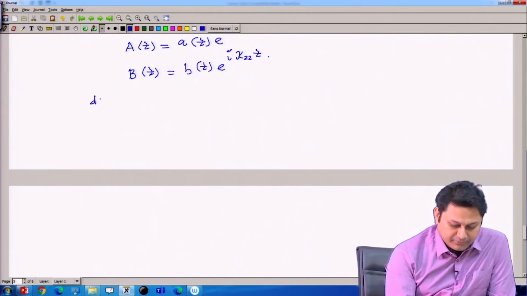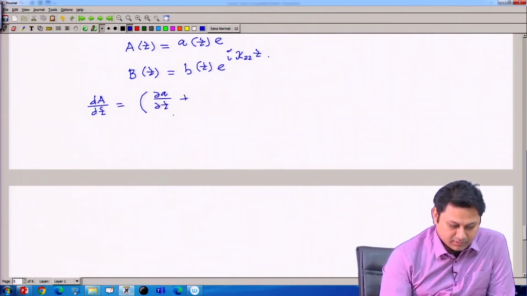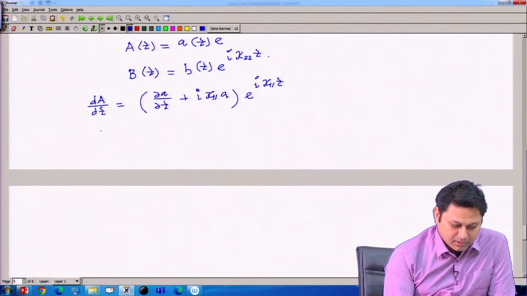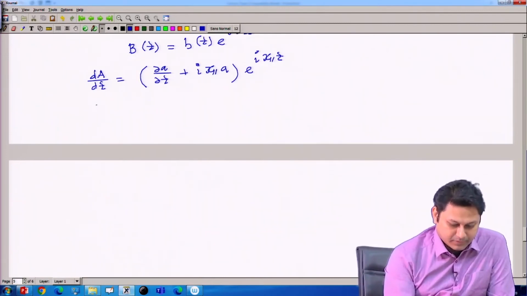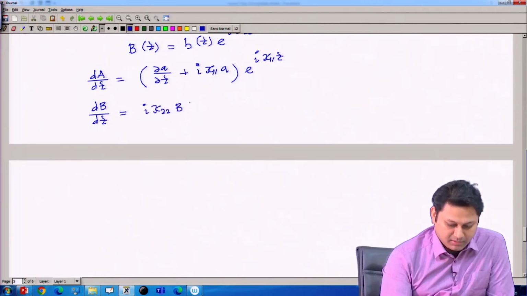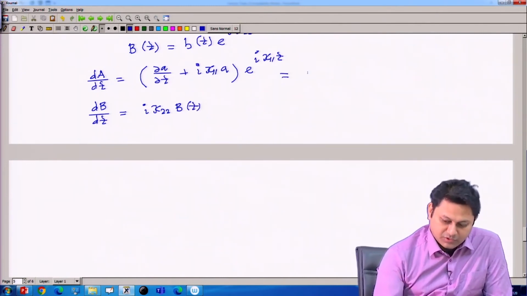So, here I can have dA dz equal to, say, I kappa 1 1 a e to the power of I kappa 1 1 z, and dB dz will be simply in a similar way I kappa 2 2 b z.